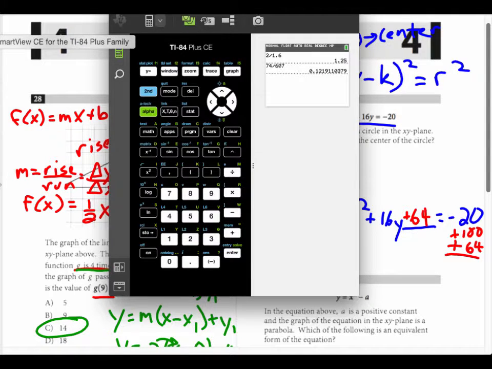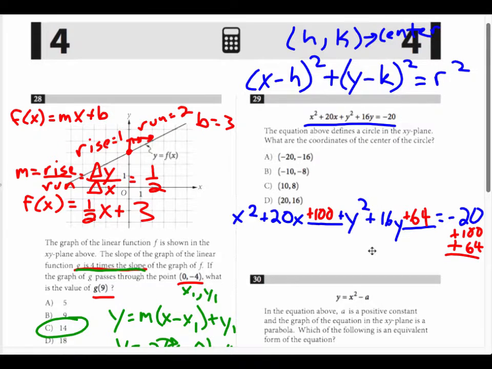First, let's figure out what the constant on the right side of the equal sign is. So I start with negative 20 plus 100 plus 64, and that gives me 144. Oh, wow, that's no accident. So all of this equals 144.